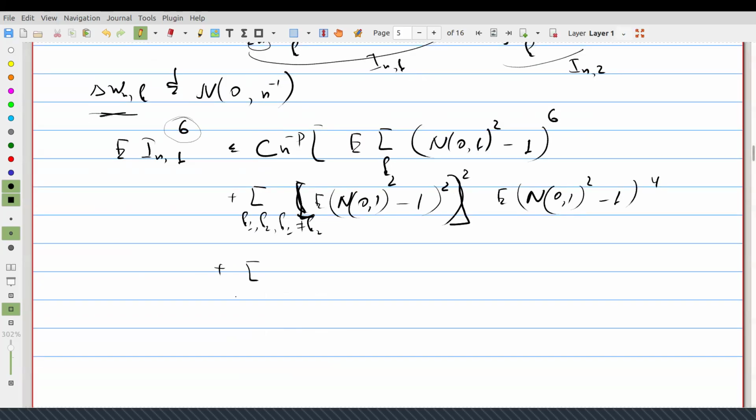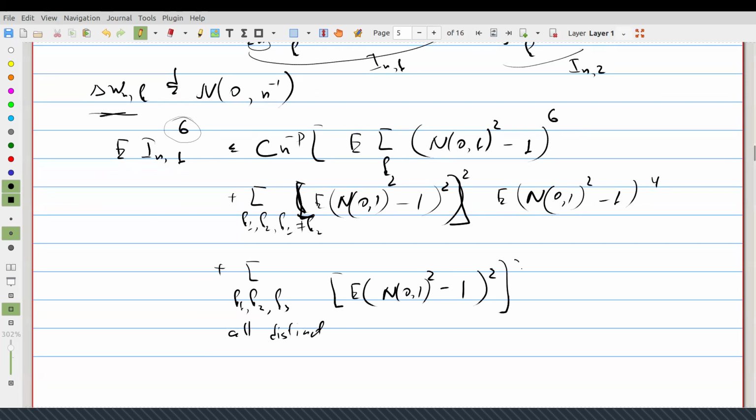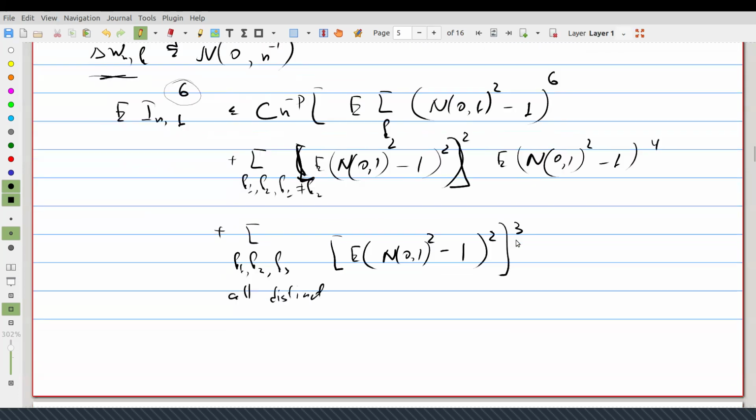And plus some k1, k2, k3, all distinct, mathematical expectation in (0,1) squared, to the power. So this is what we got.